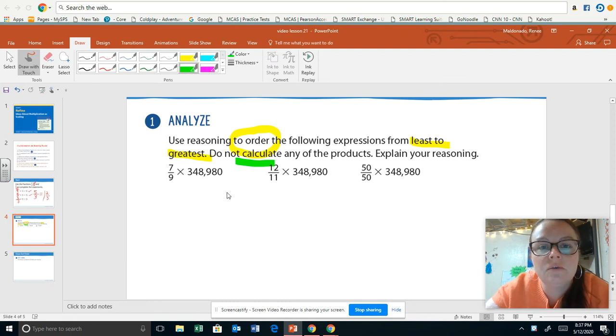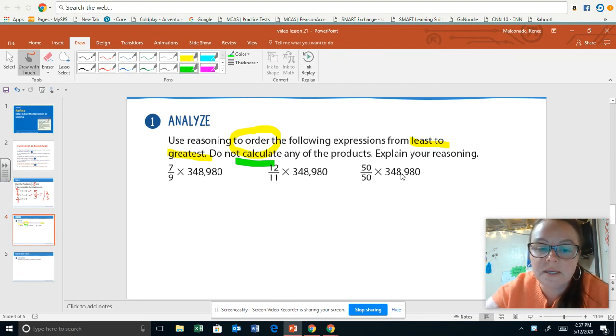Let's start with identifying the fraction that is less than a whole. 7/9, 12/11, or 50/50. Okay, so I have 3 different fractions here. But what I do know is that the second factor is the same, 348,980. It stays the same in all 3 expressions.